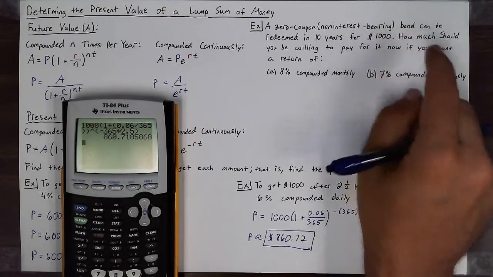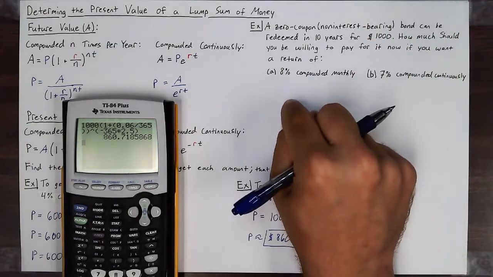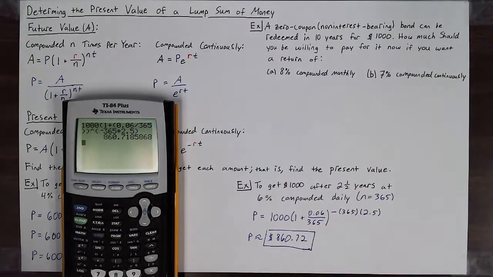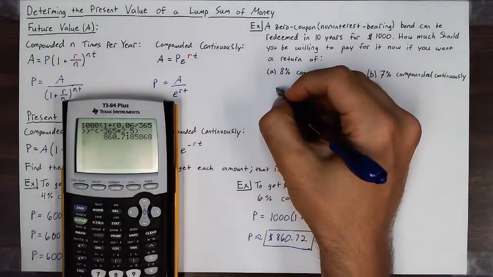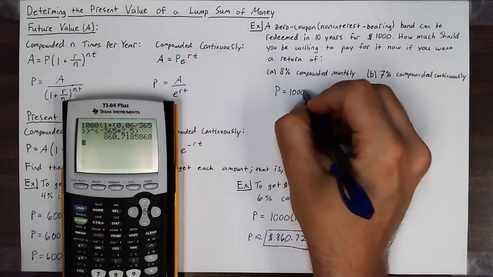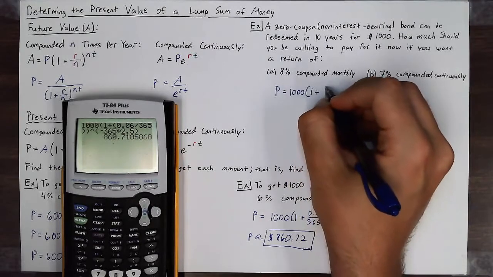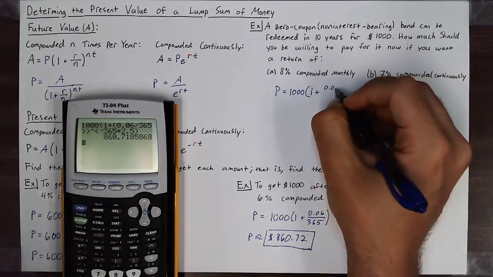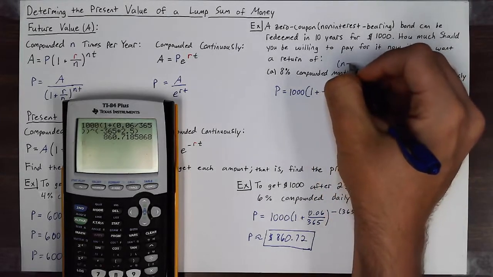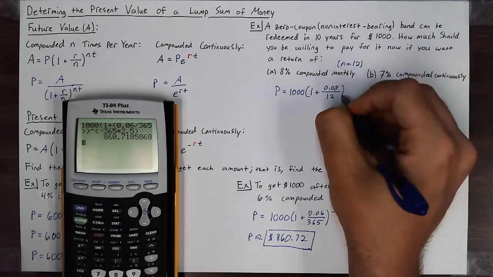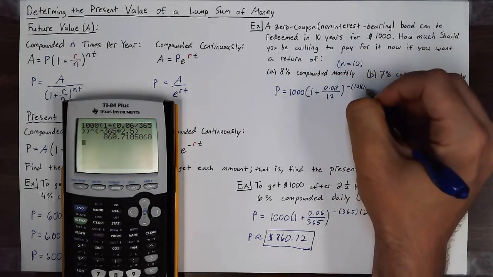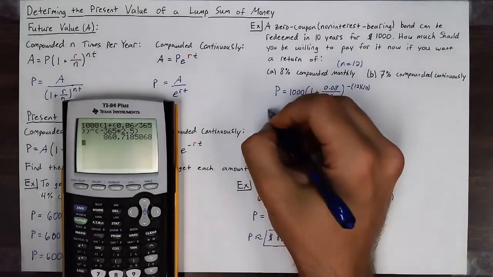And we want to determine what the present value should be to get the effect of 8% compounded monthly. So we would just use the same formula where our present value is what we're looking for. The future value of that bond will be $1,000 times 1 plus our rate, 0.08, divided by 12, since compounding monthly means n would equal 12, to the negative 12 times 10 power, since it's over 10 years.